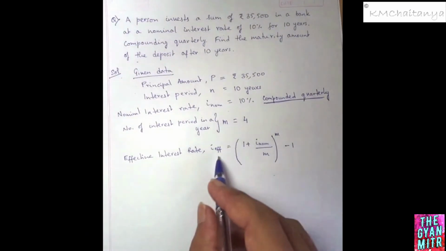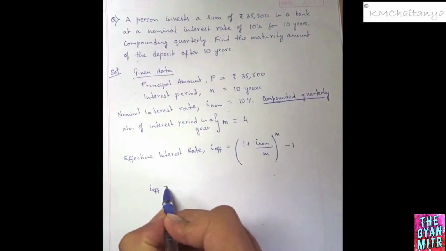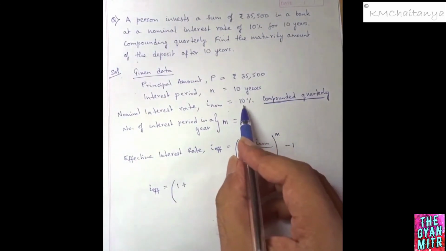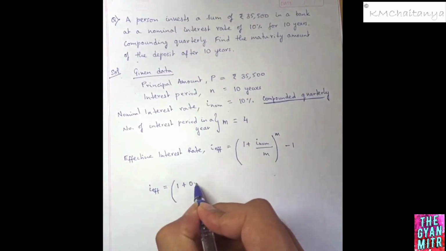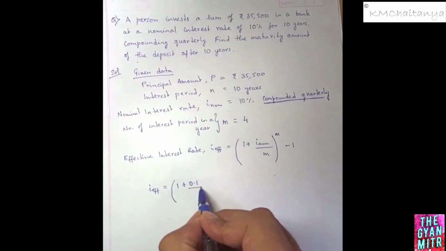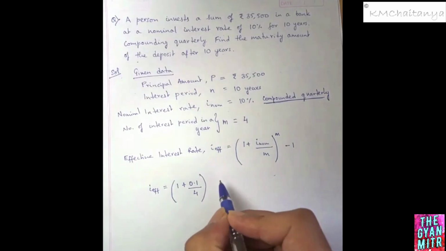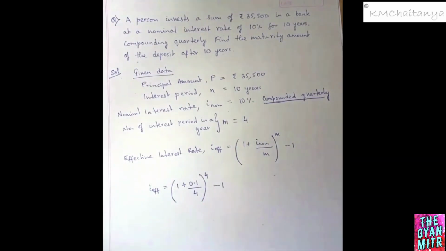Now I'll calculate the I effective value. I effective is equal to (1 plus I nominal, which is 10%, converted into decimal, 10 divided by 100, which is 0.1, divided by the m value, which is 4), bracket closed, whole to the power of 4, minus 1.